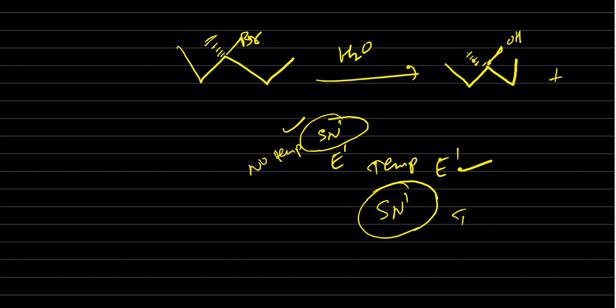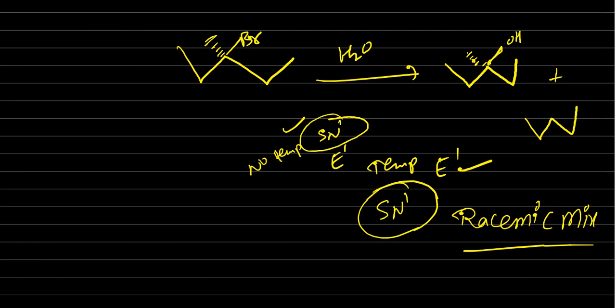SN1 means racemic mixture. So one more product here, dotted OH means here with dot OH, then thick line methyl group. Okay, the conclusion is the SN1 mechanism.